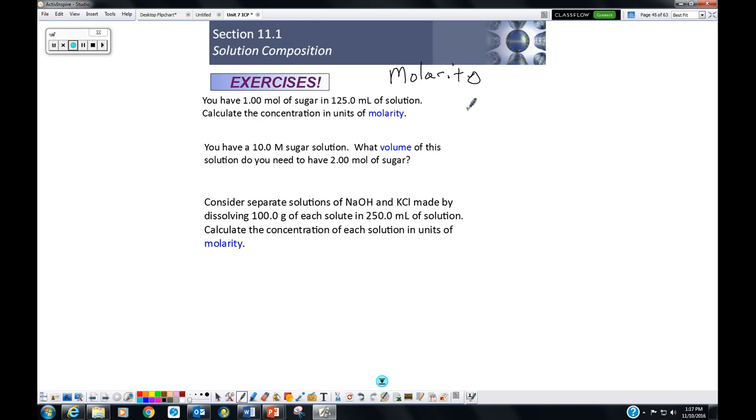So that should be pretty easy to set up, right? Molarity equals moles over liters. So it's going to be 1.00 mole over 0.125. We have to convert to liters because it's moles per liter. So what does that give us?